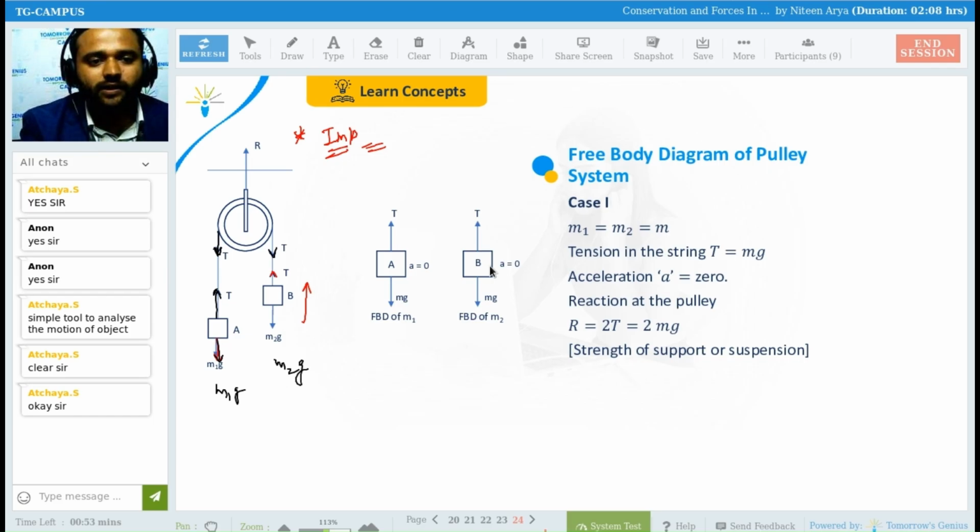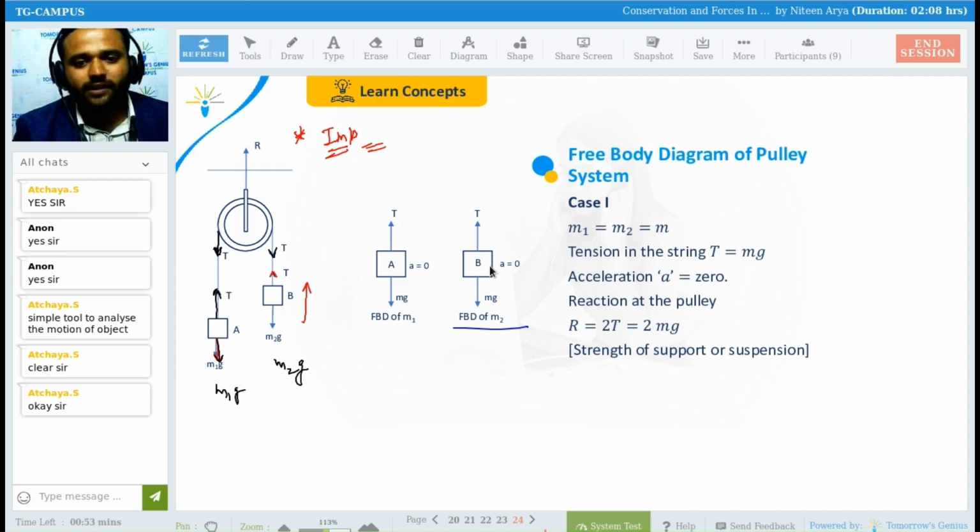Making the FBD, free body diagram, of both. M2g is going to be balanced with this tension, and M1g is going to be balanced with this tension. There is no acceleration till now. This is not moving at all.